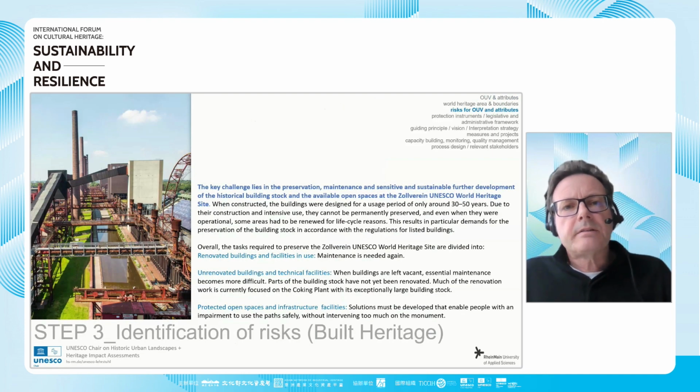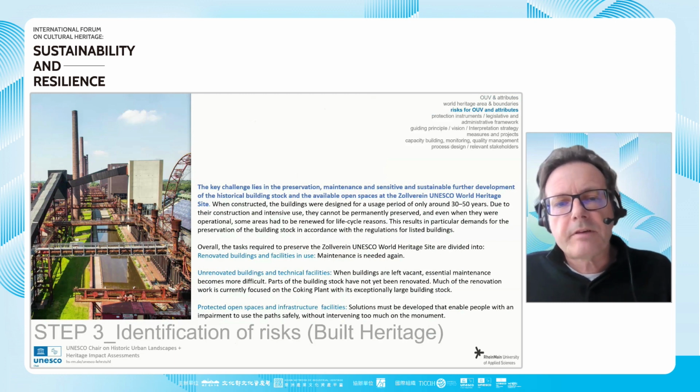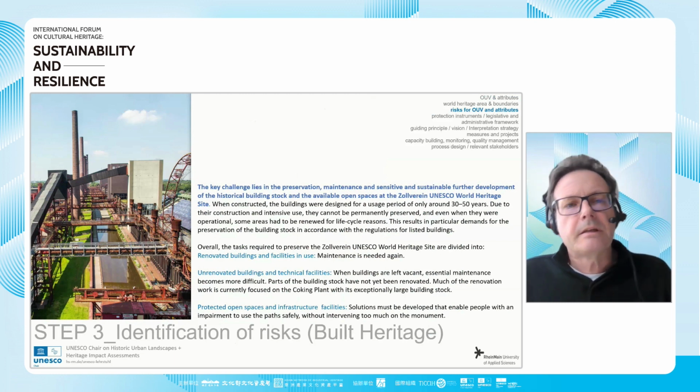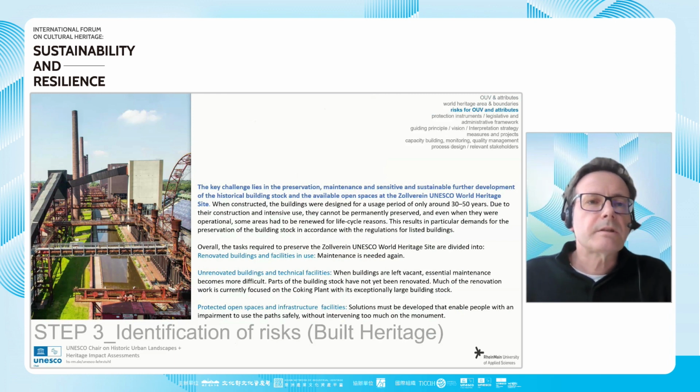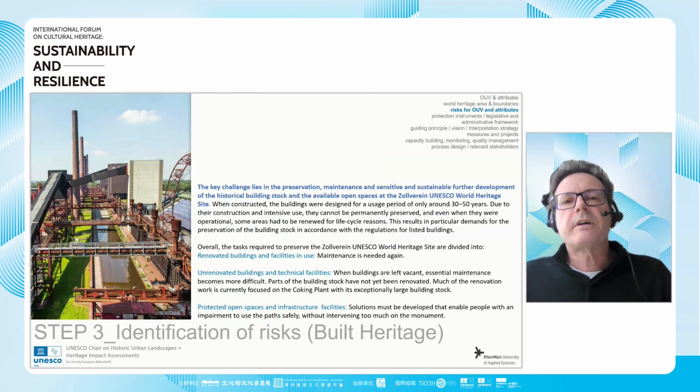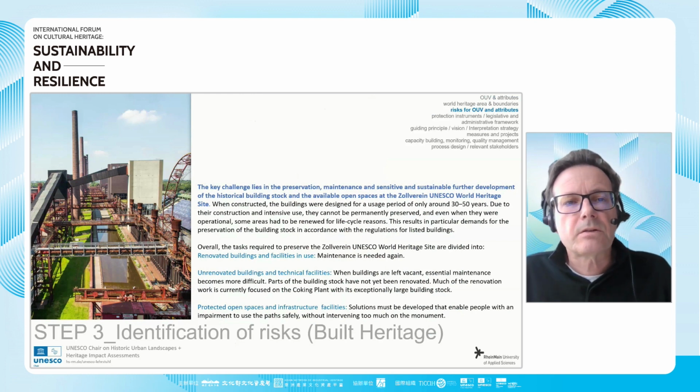When we did and discussed our attribute mapping, we also started to identify risks on the heritage site, and there are a lot of risks on Zollverein. For instance, conserving and finding reuse options for these vast sites raises a lot of issues. So the preservation of built heritage as such is already a large task.